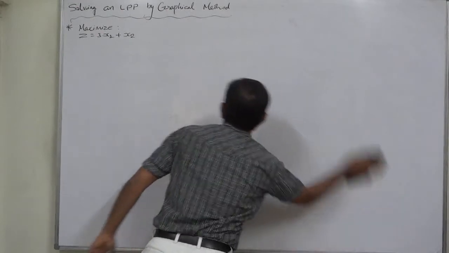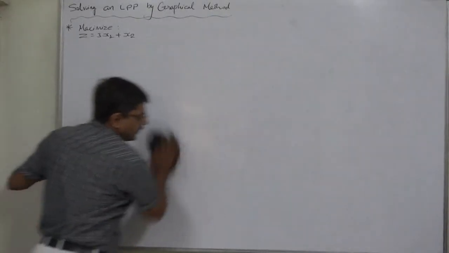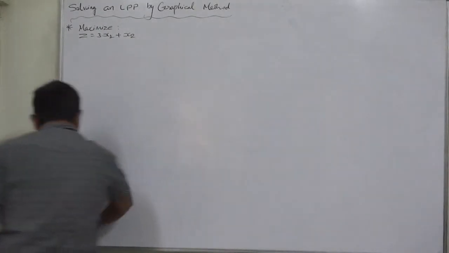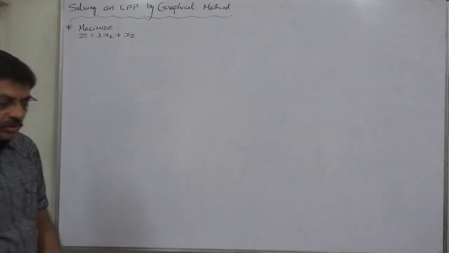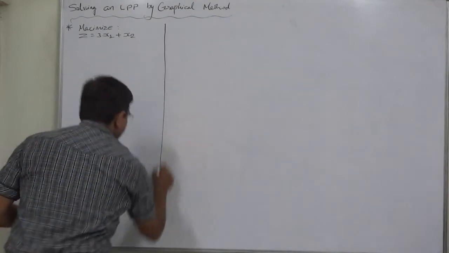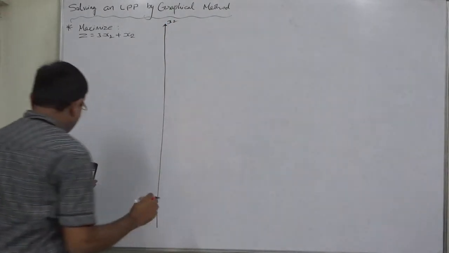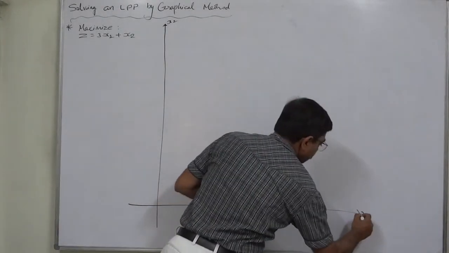I am going to draw only a sketch of the graph, because on this kind of board it is not possible for me to draw a graph accurately, but you people are using the graph paper, so you can draw the graph with utmost accuracy. Yes, x2 axis, and x1 axis.